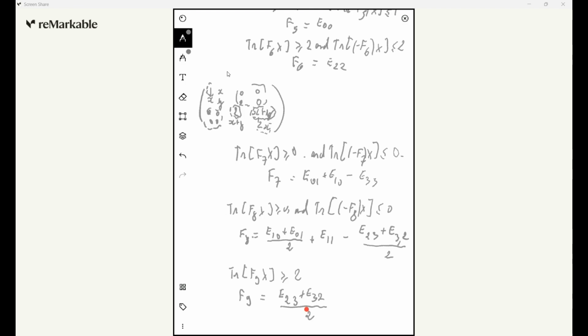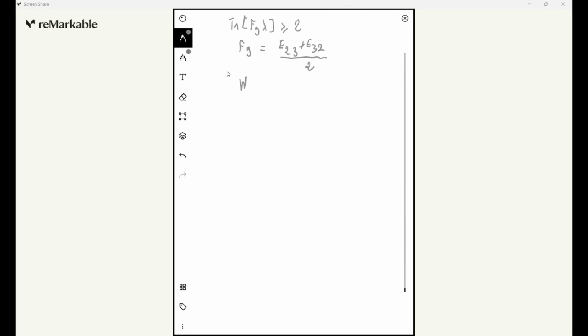And you cannot take e10 or e01 because you will break the symmetric rule. And so we have 17 constraints to go in the SDP form, in the standard form.